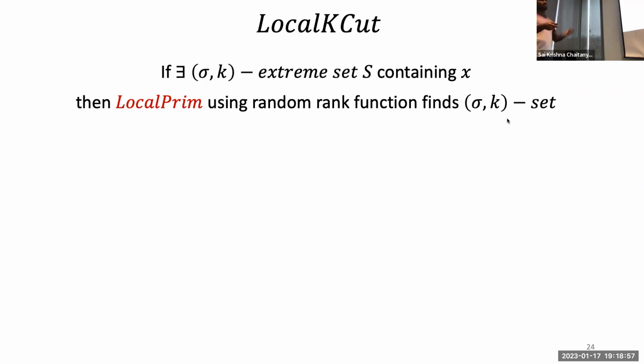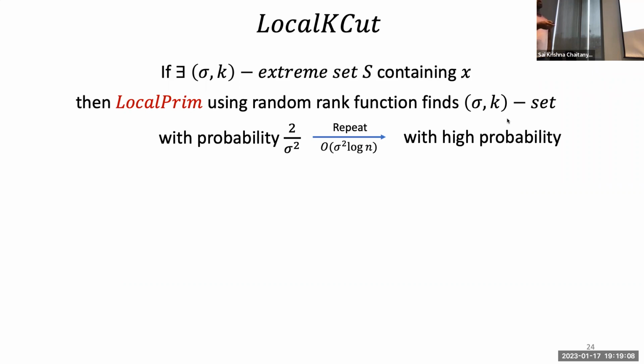For now, we'll just say sigma k set, because sigma k extreme is also a sigma k set, and that happens with probability 2 by sigma square. We just repeat it order of sigma square log n times to improve the probability, and we achieve it with high probability. So basically, this local prim algorithm is returning a sigma k set, if we assume that such a thing exists.